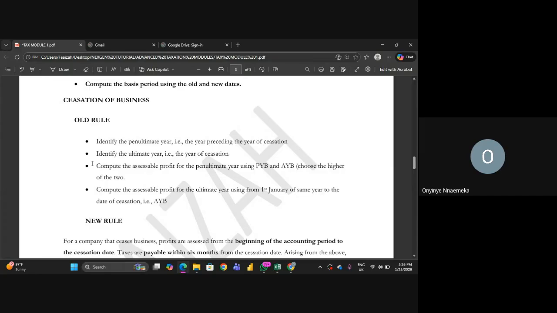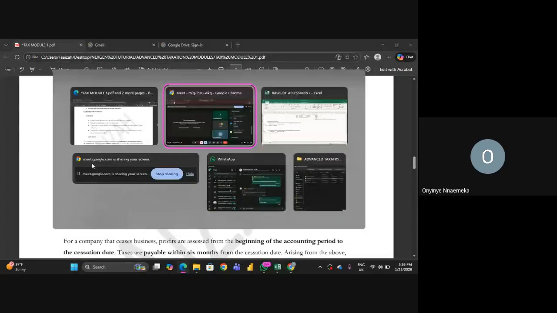Then for the penultimate year, you compute the acceptable profits using preceding year basis, and you also compute using actual year basis. Then you pick the higher of the two. For the ultimate year, you do 1st of January to the date of cessation, that is actual year basis.